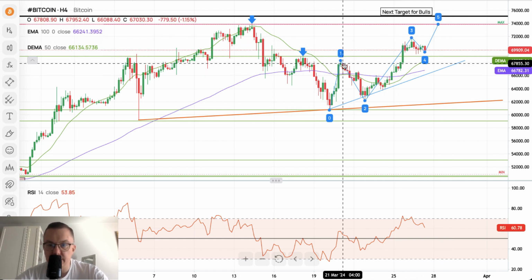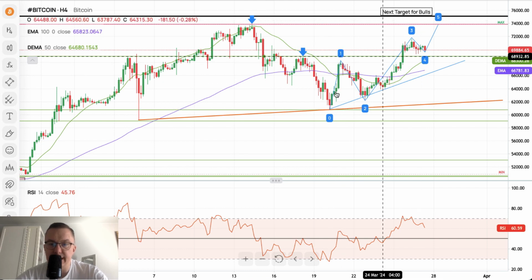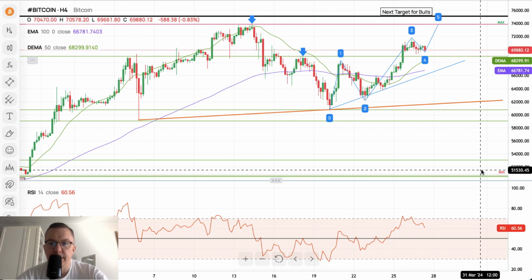We cannot then break below the level of 68,248, otherwise the whole impulsive structure will be invalidated, and we will know that instead of the impulse we got the A, B and C to the upside. Breakout to the downside, we should see more deterioration lower.